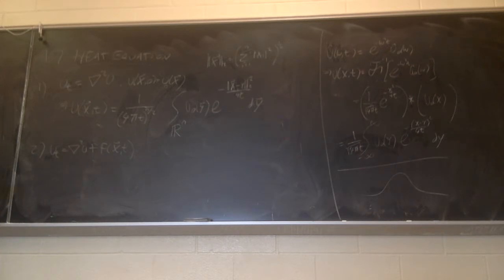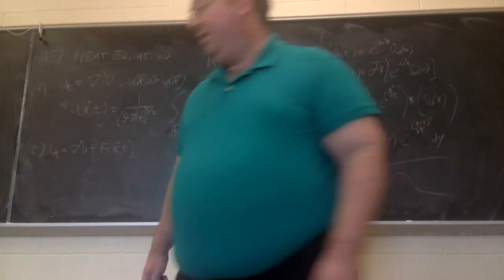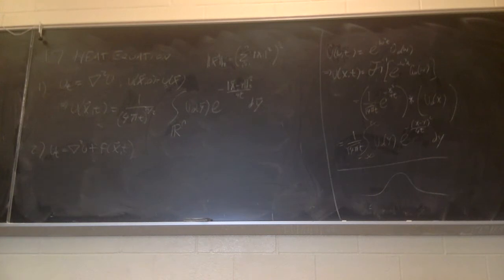So in other words, instead of just having an initial temperature profile and seeing what happens over time, where normally the heat energy just diffuses throughout space, if you have some term indicating a heat source, so heat could be added to the system, then it may not smooth out quite so much, maybe not at all. It turns out there's a relatively easy way to write down the solution of this problem in terms of the solution of this one.